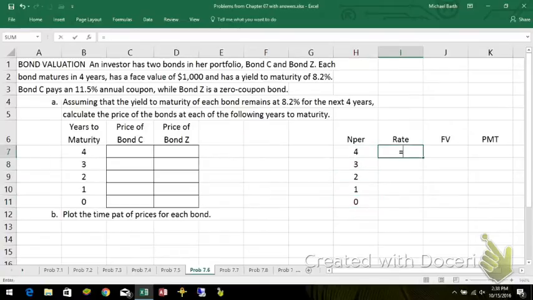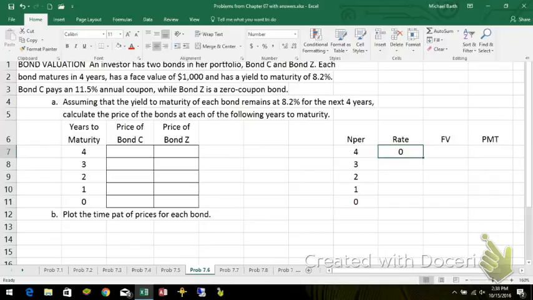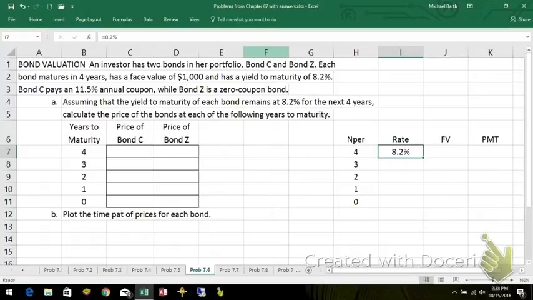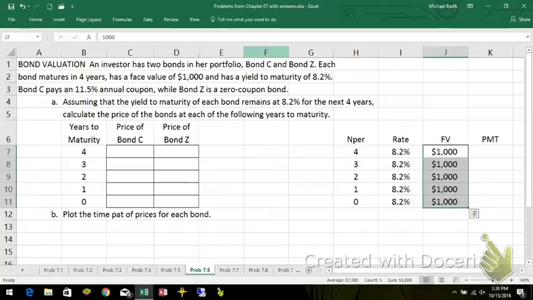All right, so the rate is 8.2%, the rate being the yield to maturity on the bond. And that's given in the problem, and it also says that it doesn't change over time. The par value is $1,000, and that's the same for both bonds, and it doesn't change.